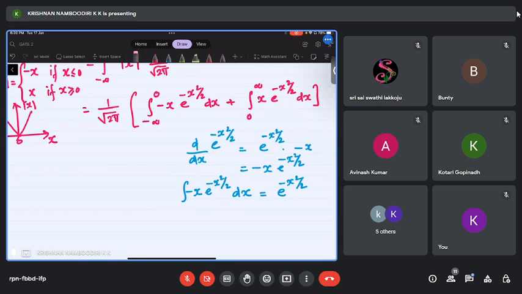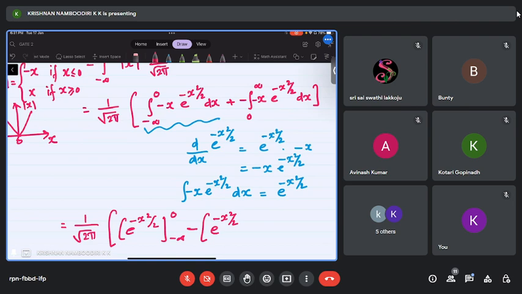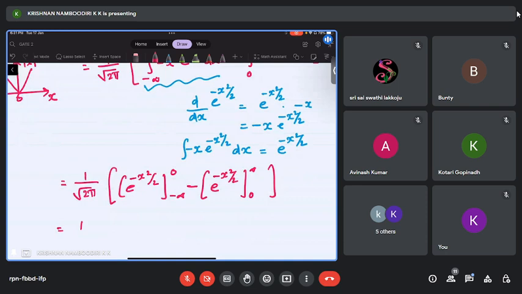So this integral is nothing but 1 by root 2 pi into, directly there is a minus, so we can write e power minus x square by 2 over the limit minus infinity to 0, correct? So here, if I insert a minus here, I will put a minus outside. So this is nothing but minus e power minus x square by 2, integrating from 0 to infinity, or the limits are from 0 to infinity. So this is 1 by root 2 pi. So let us substitute the limits.